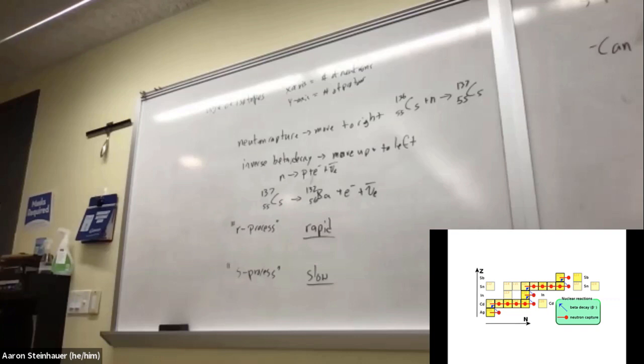Exactly. Let's say this element has a half-life of 10 years. You can't get to this with a supernova because there's no way any of them will decay in that time. But you can get to it if you're adding neutrons slowly.